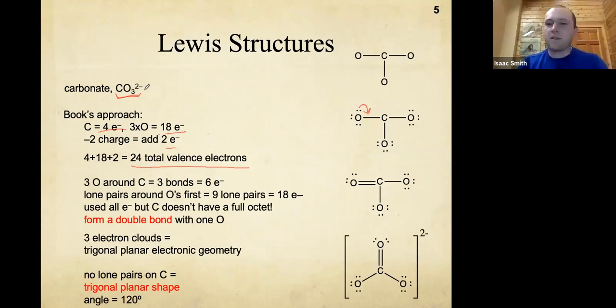So again, this is where you're going to be coming back to concepts from exam 1 in order to answer these questions. So if we're looking at the shape for carbonate, we can see there's 3 electron clouds or electron groups around carbon. So that means it's going to have a trigonal planar electron geometry.